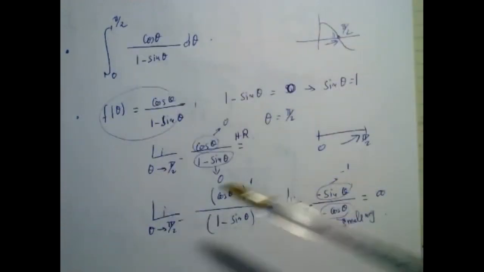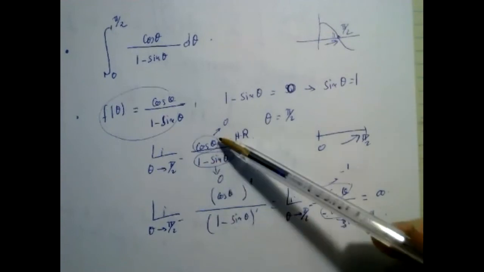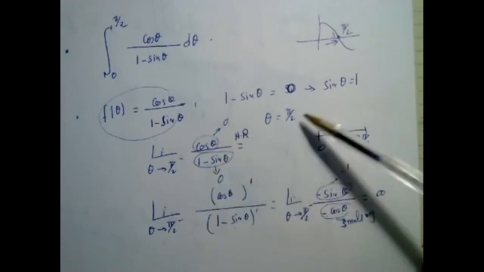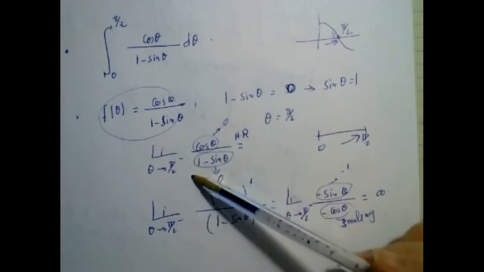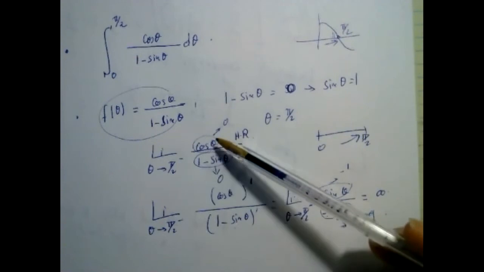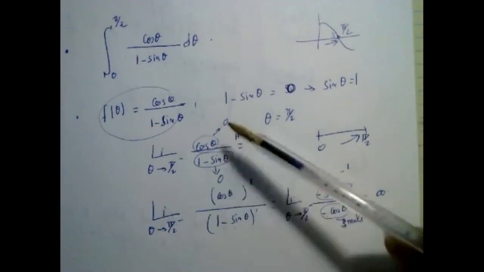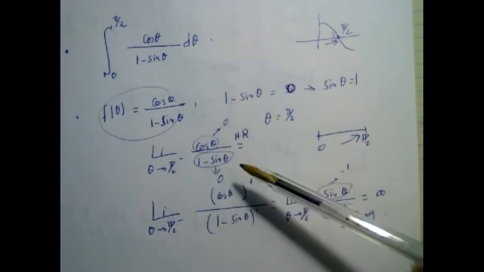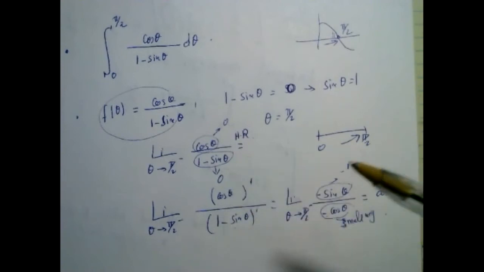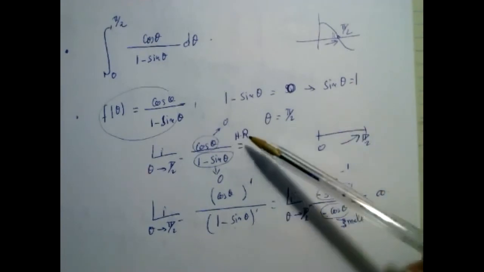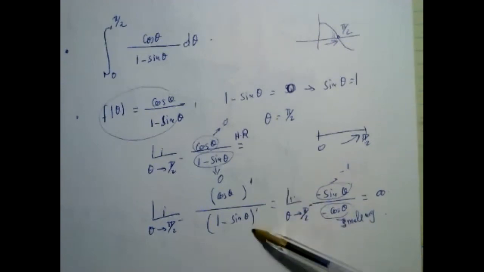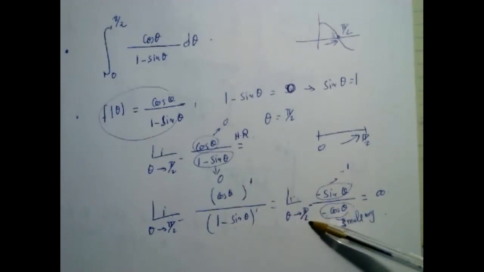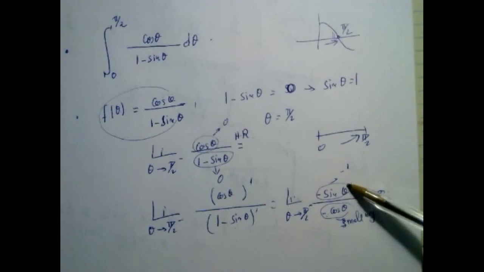So I repeat the process. I ask myself what's happening near pi over 2, because I know something should happen. The function is not defined at pi over 2, so I try to evaluate the limit. The numerator goes to 0 and the denominator goes to 0. 0 over 0 is an indeterminate form. It could be 1, 2, 3, 0, or it can blow up. So I have no idea, and I need to use L'Hopital's rule. It's the limit of the derivative of the numerator over the derivative of the denominator. I get sine over cosine.